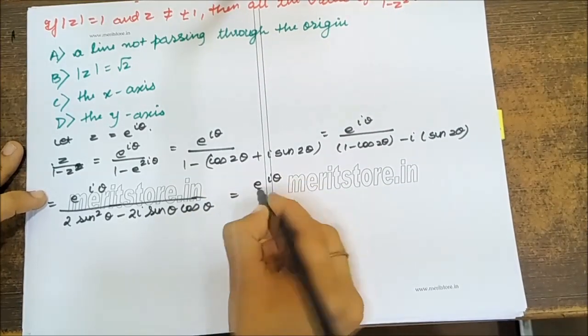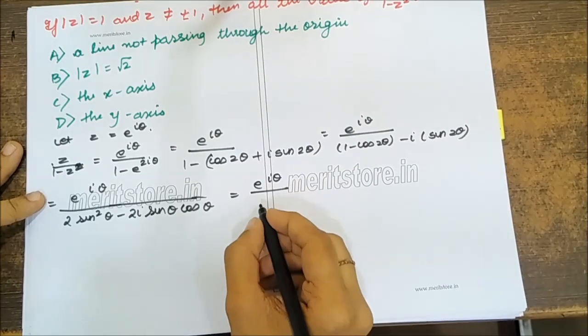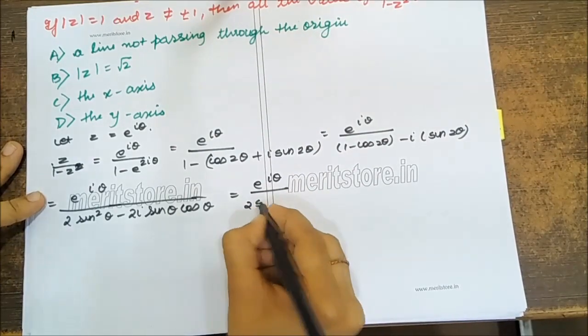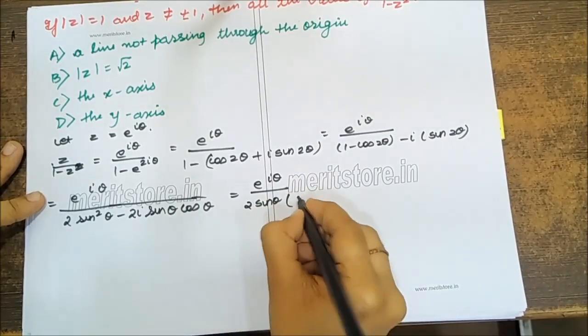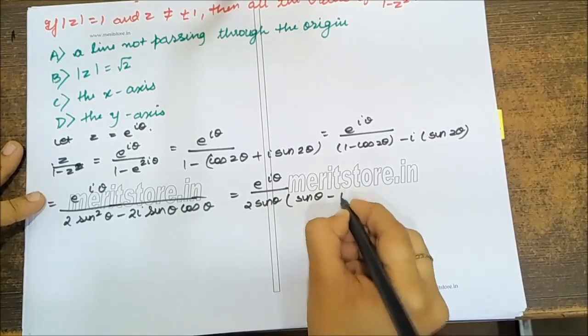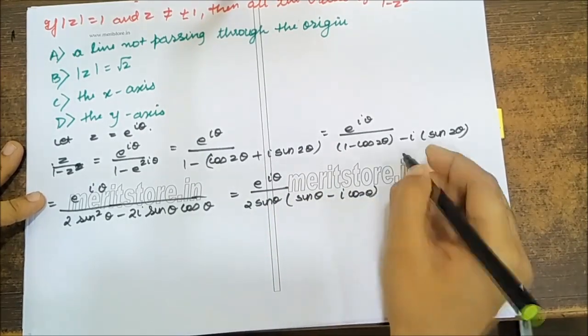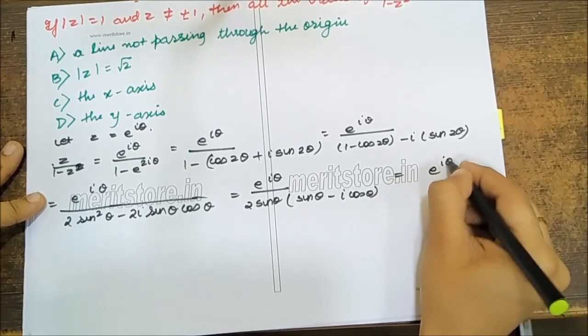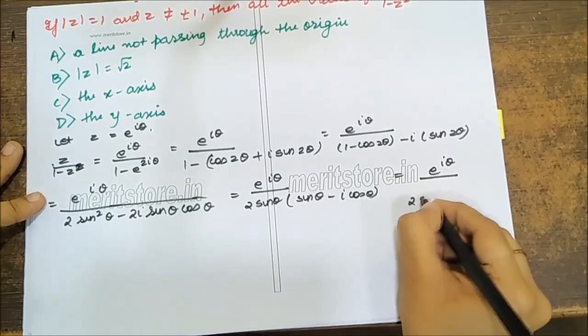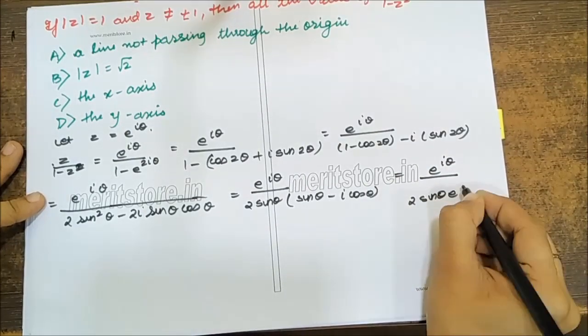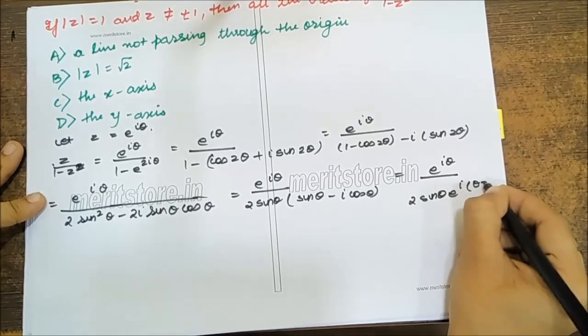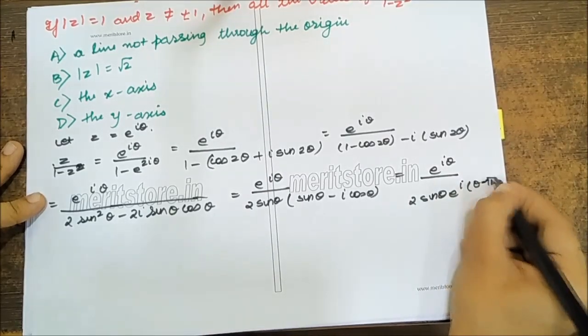Taking 2 sin theta common, you get sin theta minus i cos theta. Again, that is e^(i theta) upon 2 sin theta times e^(i(theta minus pi by 2)).